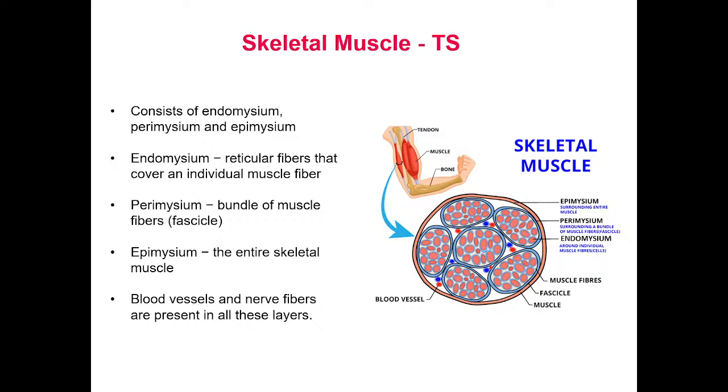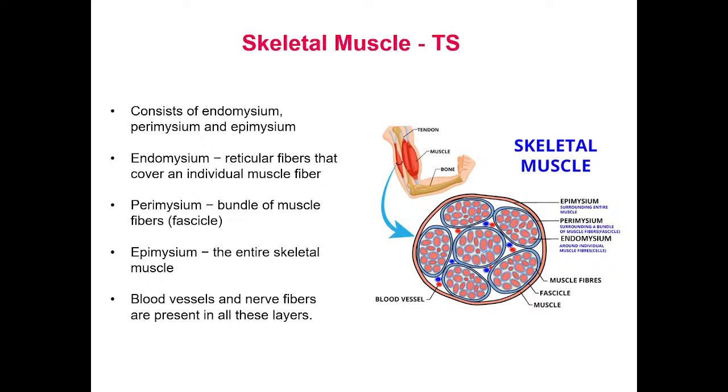Say it loudly. Perimysium. And then again it sends septa inside. These septa cover the individual muscle fiber, and that one is endomysium. So these are the three coverings: endomysium, perimysium and epimysium. And this is visible when we take a transverse section of the skeletal muscle.